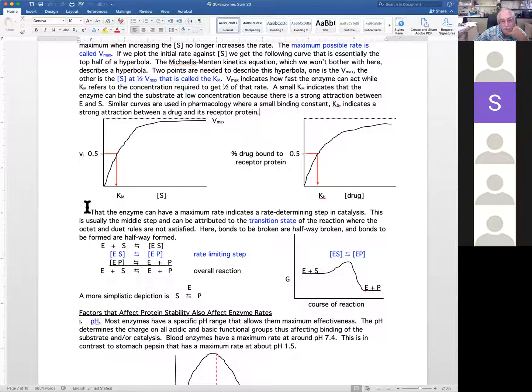Okay. So the two things that are important to describe a hyperbola, if the hyperbola goes like this, right, is where does it asymptote to? Where does it get closer and closer to, but never really mathematically getting there? You need to establish that data point.